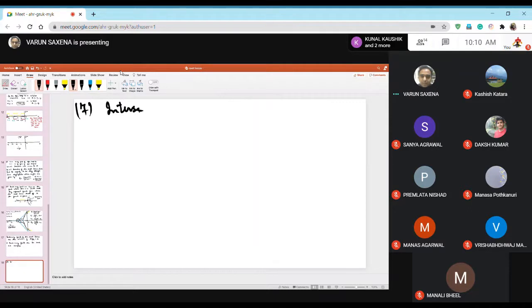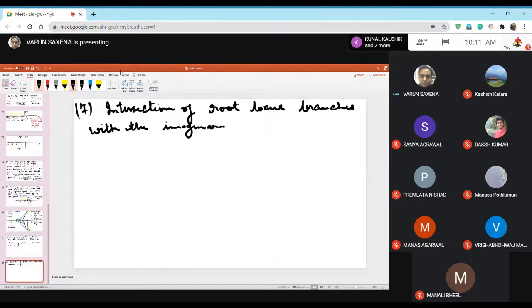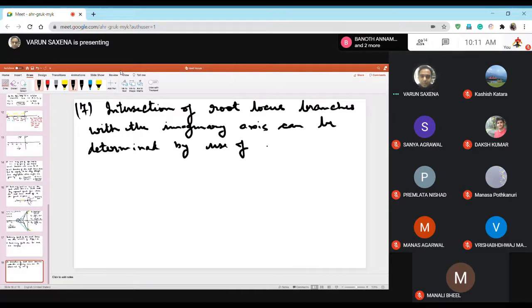The rule is: intersection of root locus branches with the imaginary axis can be determined by use of Routh-Hurwitz criteria.